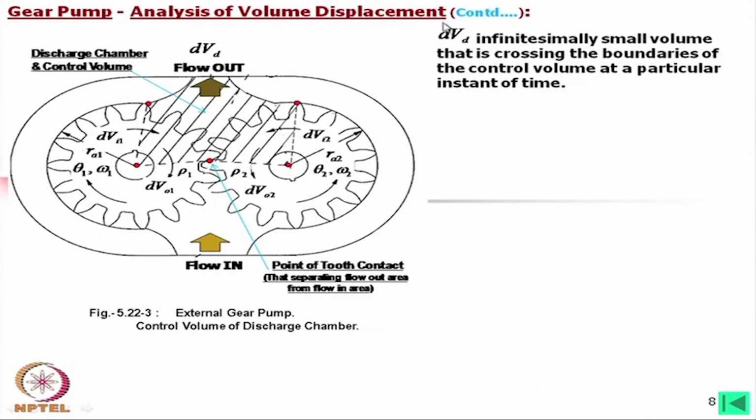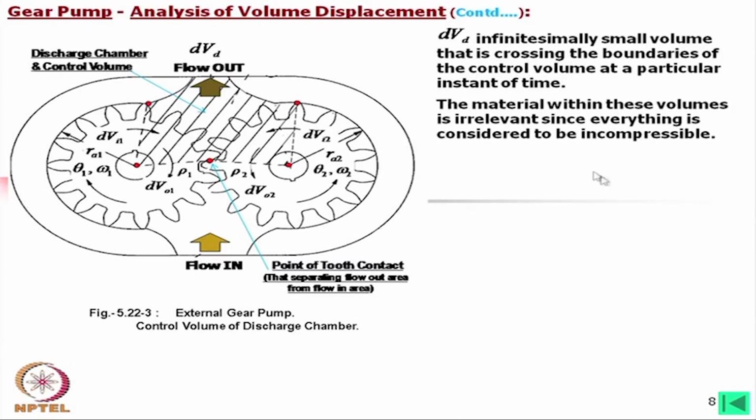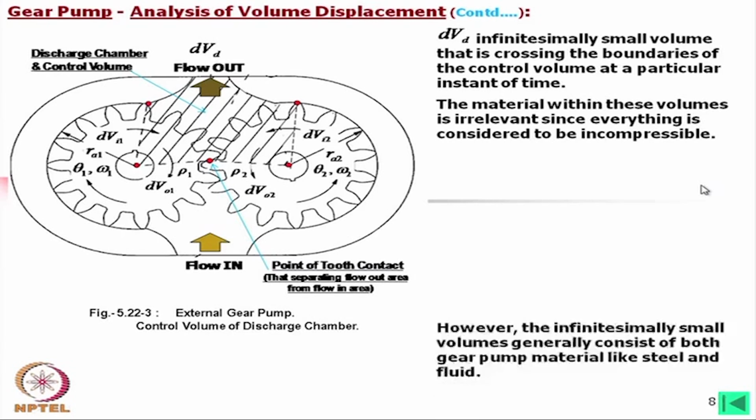Then we consider dVd as the flow out, and for the analysis we consider a very small amount crossing the boundaries of the control volume at a particular instant of time. The material within these volumes is irrelevant, since everything is considered to be incompressible.